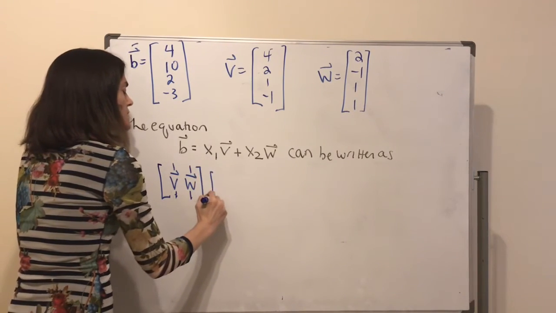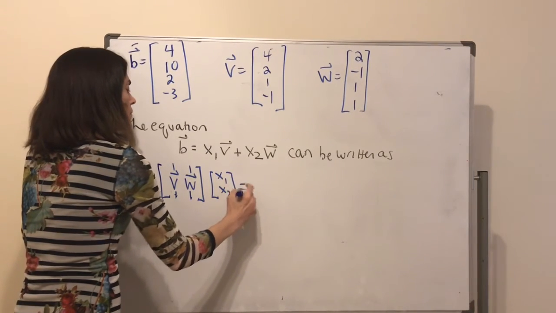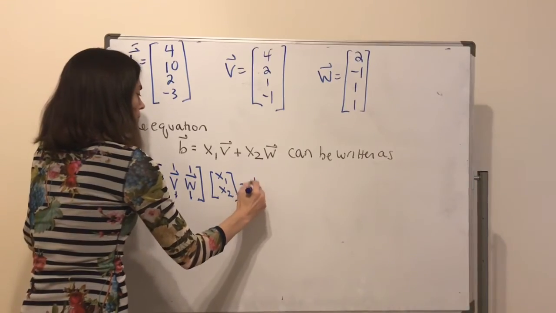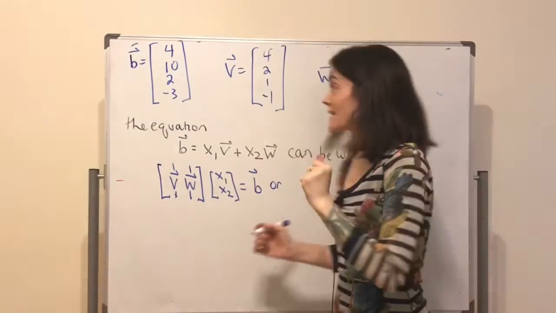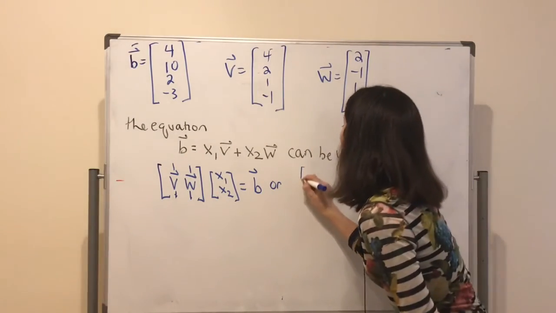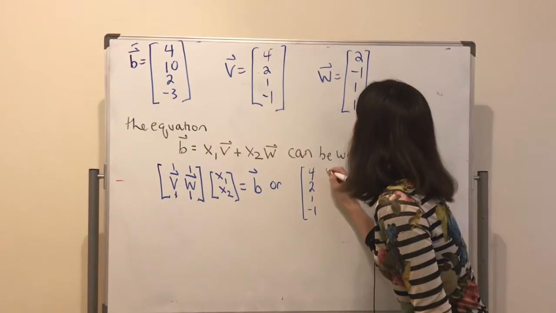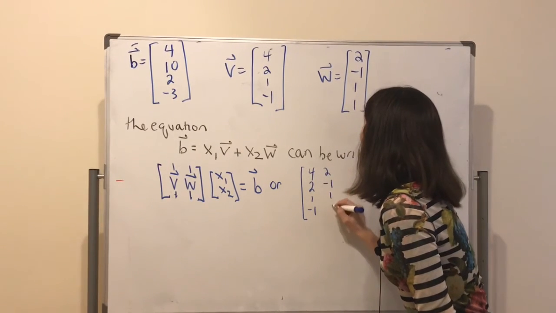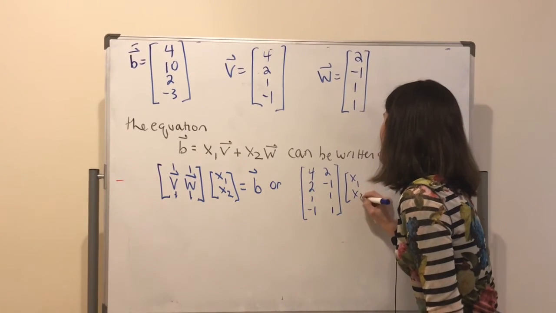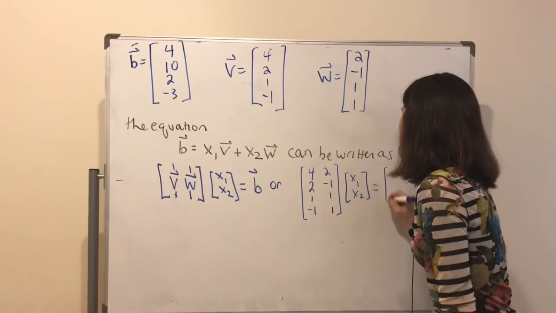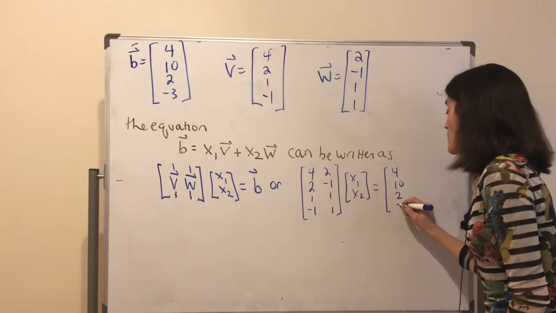And then I put this vector, x1, x2, or let's write it with our specific everything. If I put this in a matrix, it's 4, 2, 1, minus 1, 2, minus 1, 1, 1 times x1, x2 equals 4, 10, 2, minus 3.